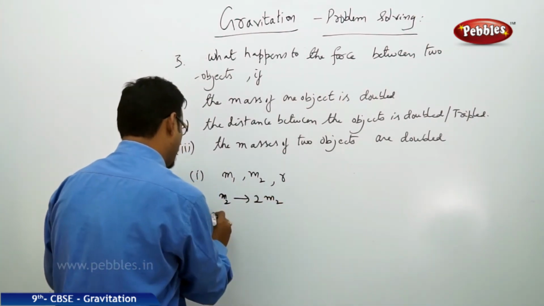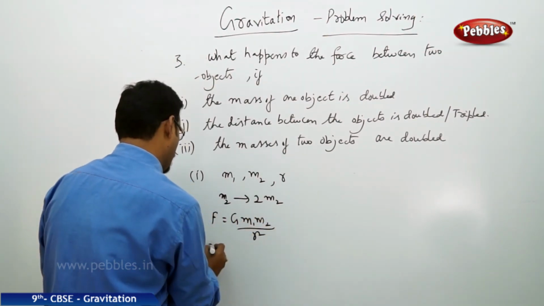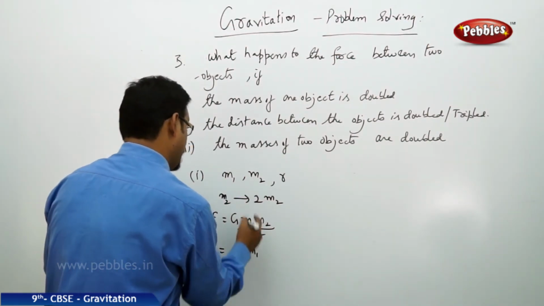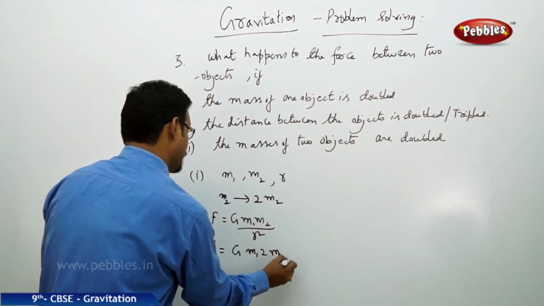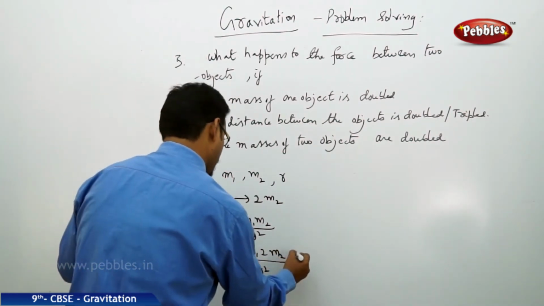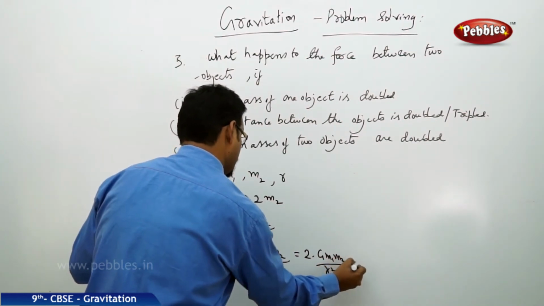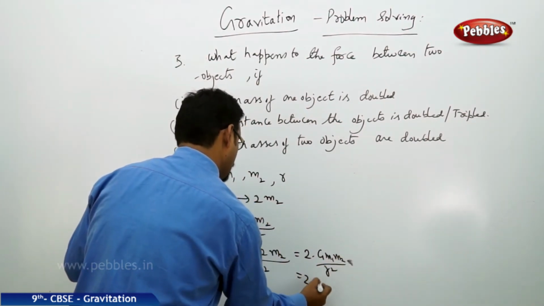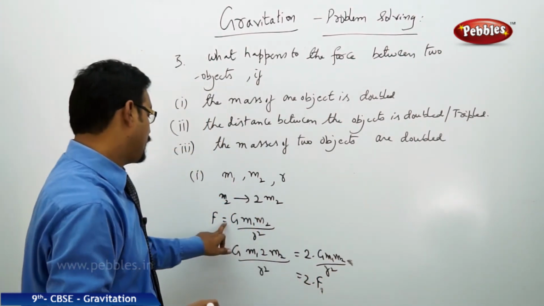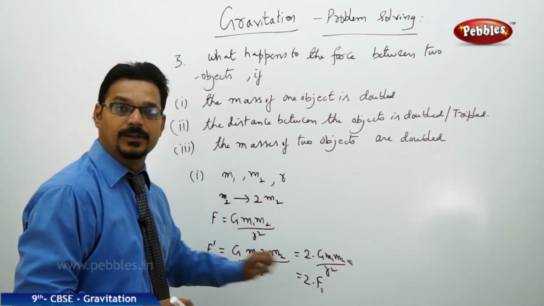Now if you write the formula F equals G m1 m2 by r square, the new force F dash equals G m1, m2 becomes 2m2 because doubled, by the same distance r square. So this is 2 into G m1 m2 by r square, which is nothing but 2 into F. Why I kept F? Because F equals G m1 m2 by r square. So the first question answer is the force is doubled.